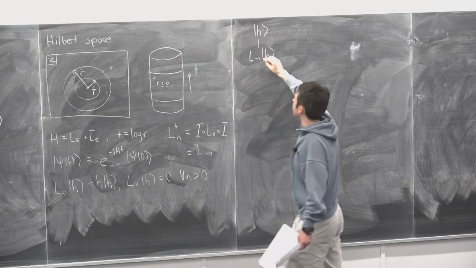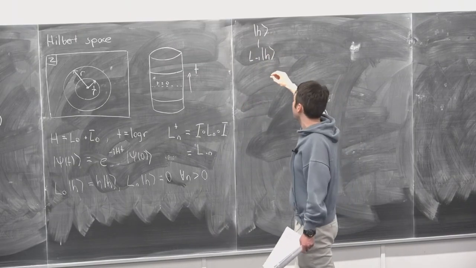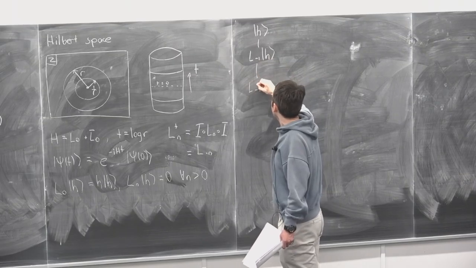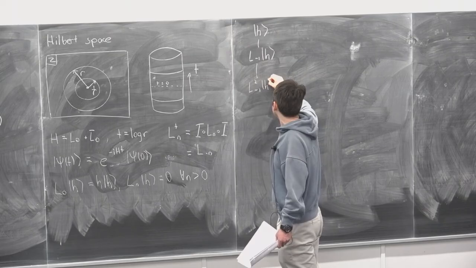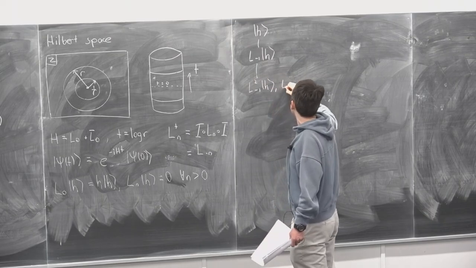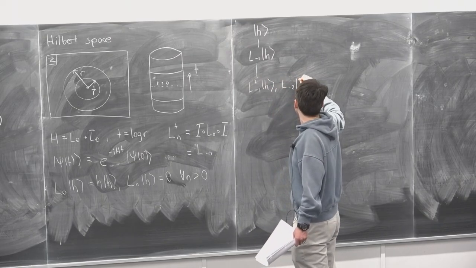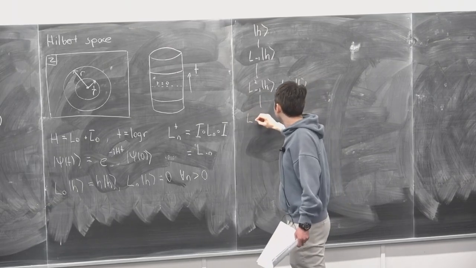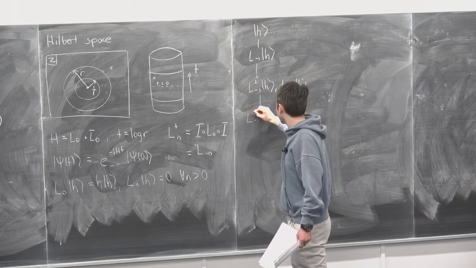Then it has this descendant, which comes from acting with L-1 at level 1. And then it has 2 descendants at level 2. Three at level 3.